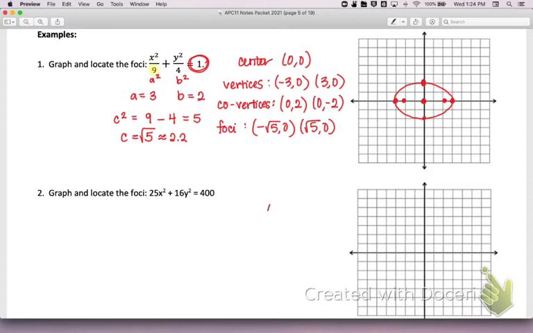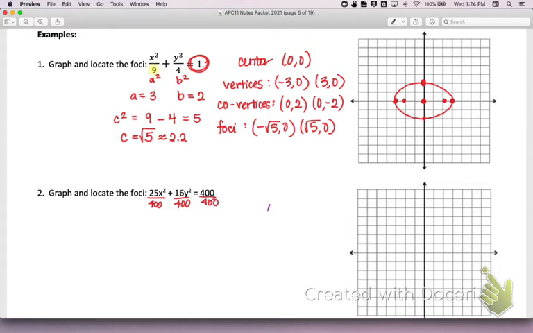Now number 2 looks a little bit different to start, but the key here is, as I mentioned at the beginning, it has to be equal to 1. The first thing that we have to do is divide everything by 400. When we do that, we can simplify these fractions.